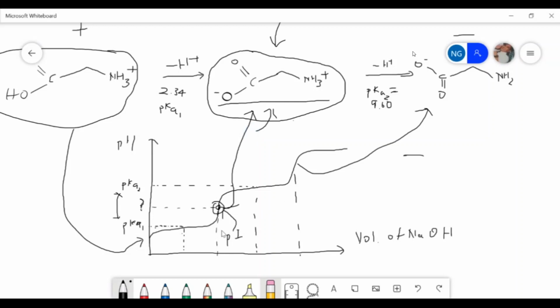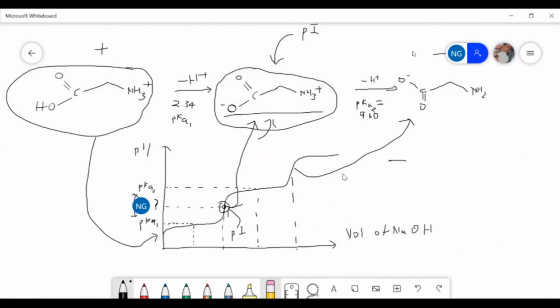The pH is equal to pKa1 plus pKa2, and then you divide it by 2. Yes. Wait, why is it basically the unknown point, right? Okay, then I just put a question mark there. The unknown point on the label says pKa1 plus pKa2 over 2. It's like the midpoint of those two.